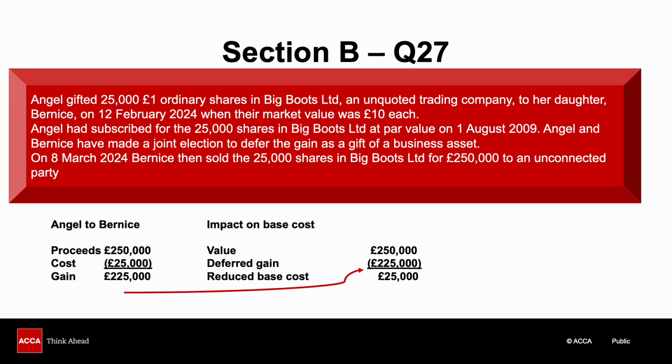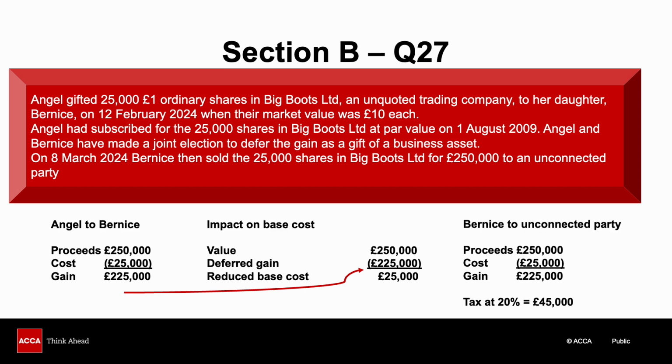So that £225,000 reduces the value of the shares to Bernice to make the cost of them to her £25,000, a lot less. The impact of that then is when Bernice sells the shares at some point, she will use £25,000 as her cost rather than the value when she got them of £250,000. So this is how Bernice gets hit with a gain.